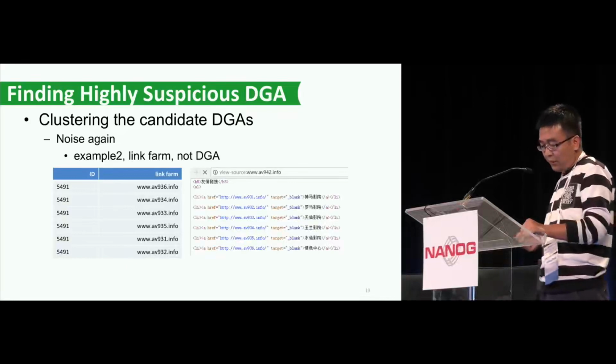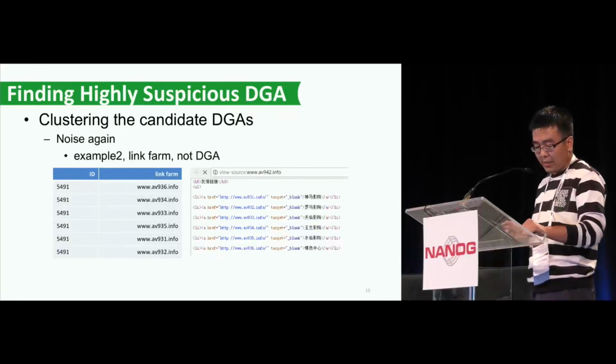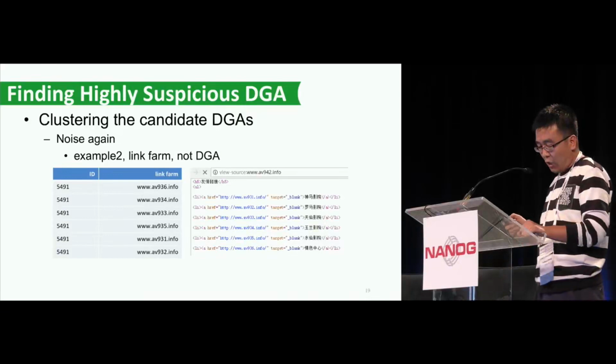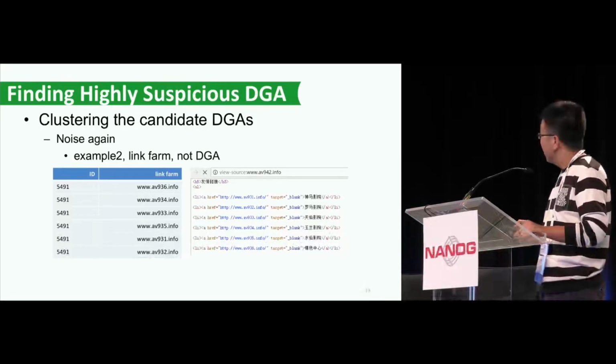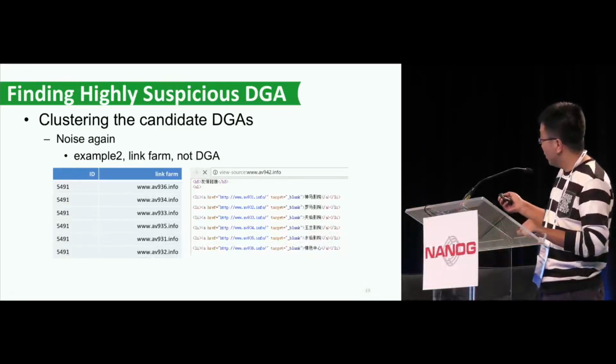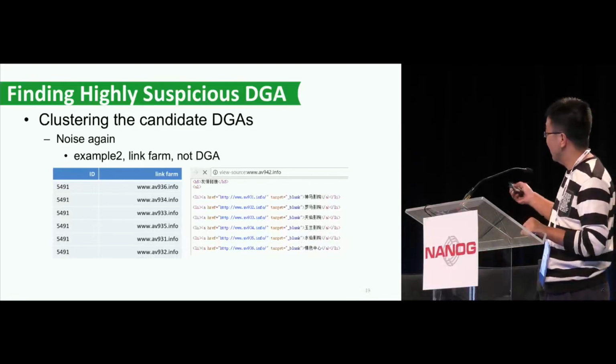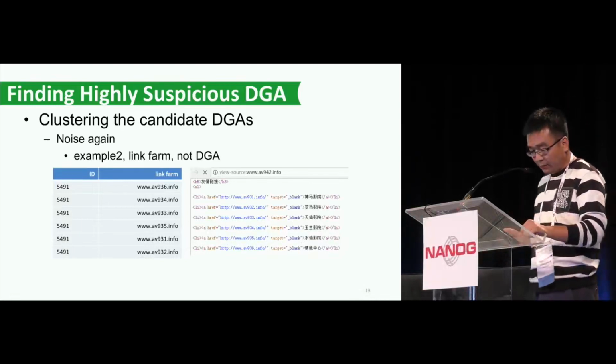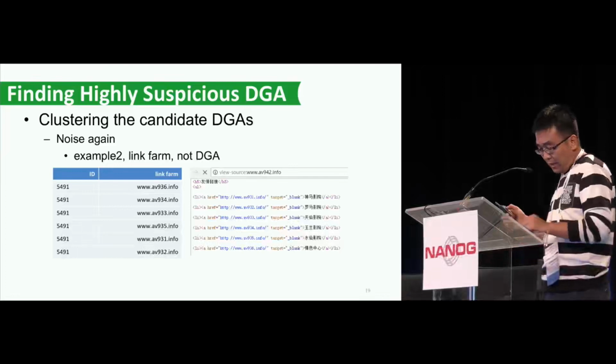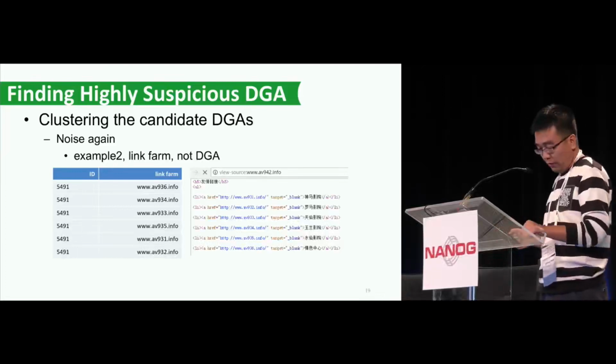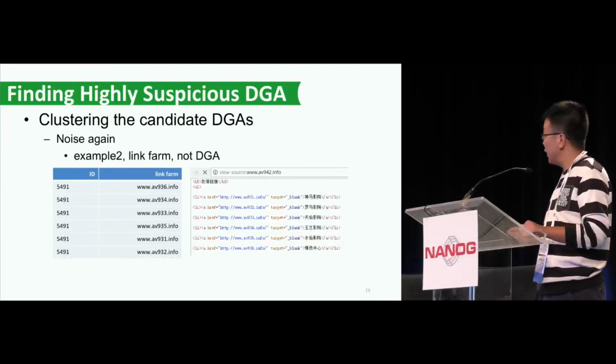Another example, this cluster, these domains are linked with each other. We call it link farm. You can see the right picture. They link each other together. They are for black hat SEO, used to bump up their search ranking.